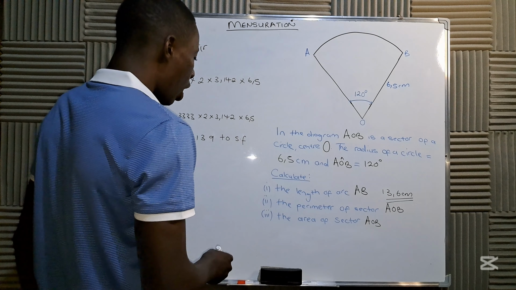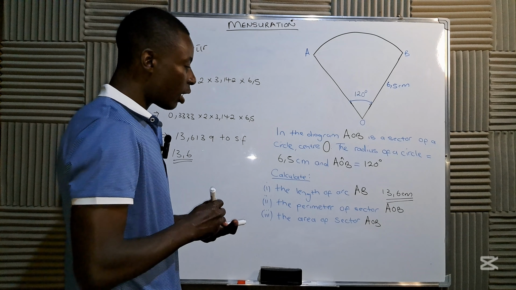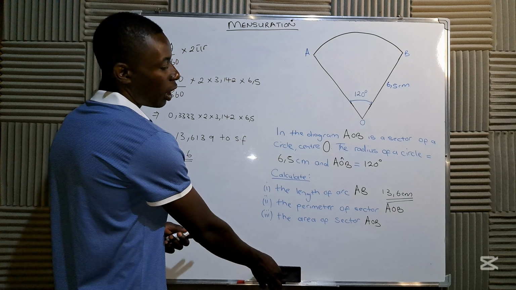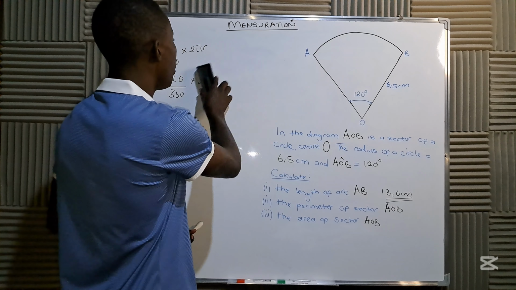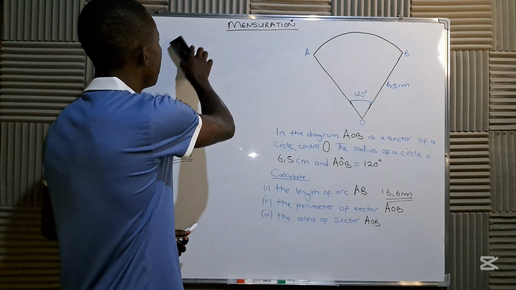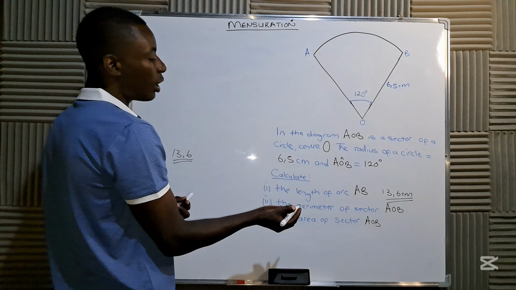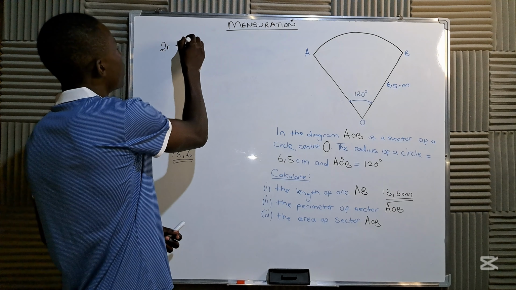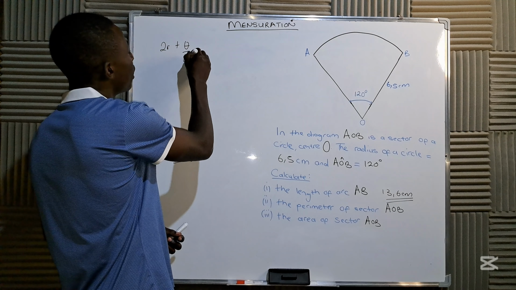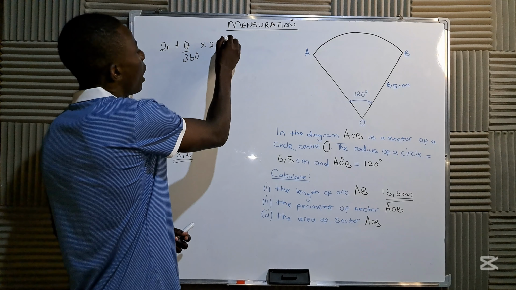So our part 2 says calculate the perimeter of the sector AOB. The formula for the perimeter of the sector AOB is 2 radius plus theta over 360 times 2 pi r.